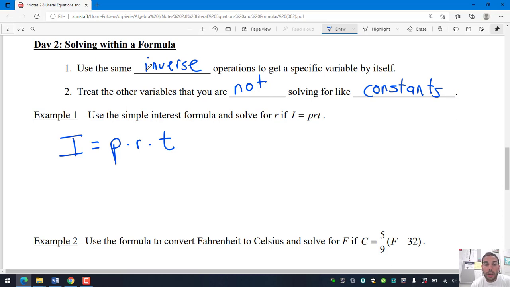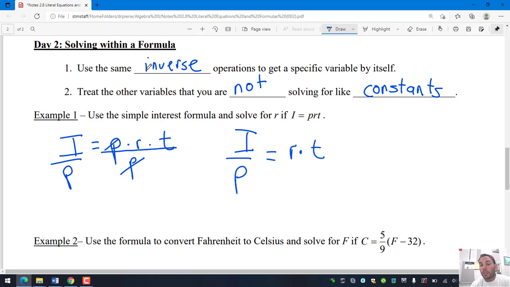If I want to get rid of multiplying by P, I need to divide both sides by P. If I divide both sides by P, on my right side, this cancels with that, and I can't really clean up that left side anymore, so I just leave it as is. I divided by P is equal to what's left on the right side, R times T.